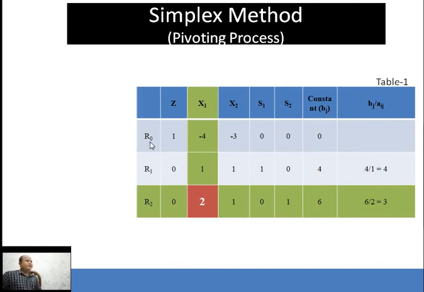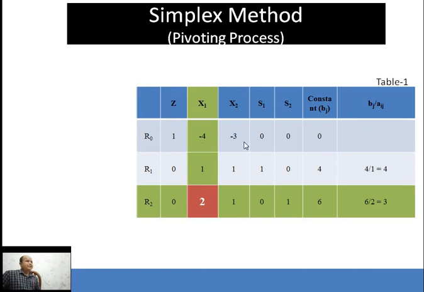Now what is the pivot column? First, we have to see the row zero of the table, where we have some positive and negative values. But in case of a maximization problem, we have to look for the minimum value, that is, the negative values. Here we have two negative values, -4 and -3.